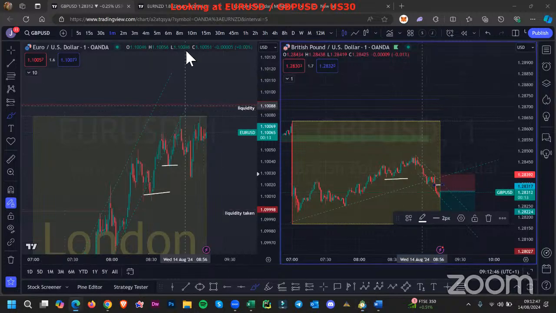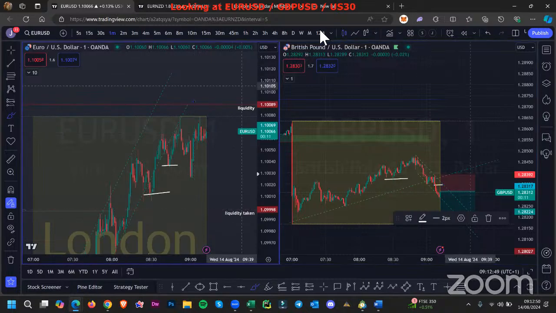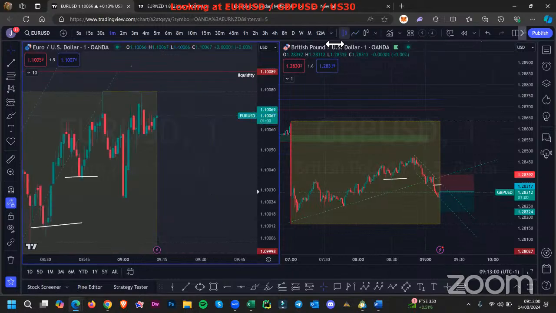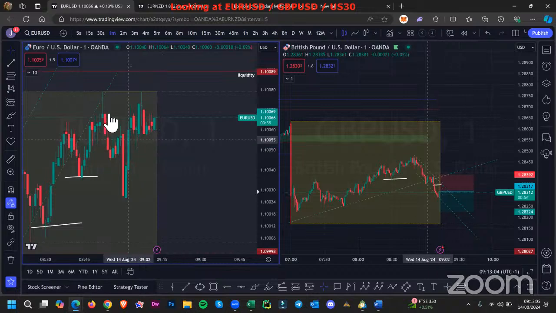Have a look on our EU 1 minute time frame. This doesn't look that great when I look at the candles. I haven't seen that displacement that I like to see. It's all a little bit, yeah. So I'm watching it.